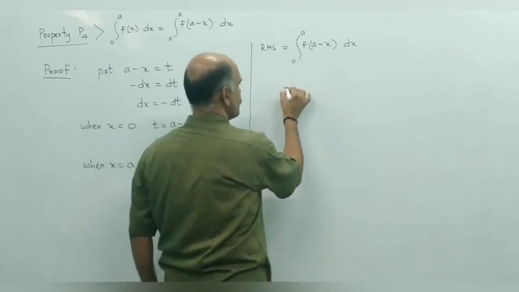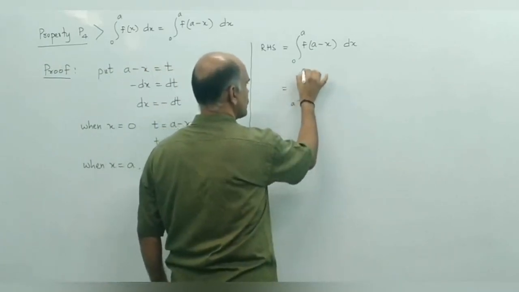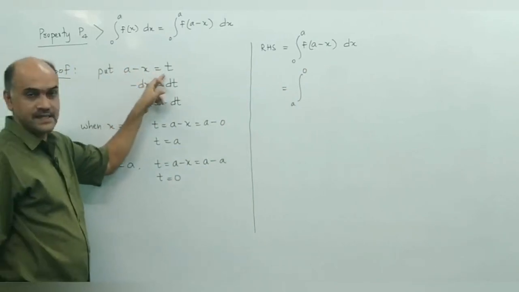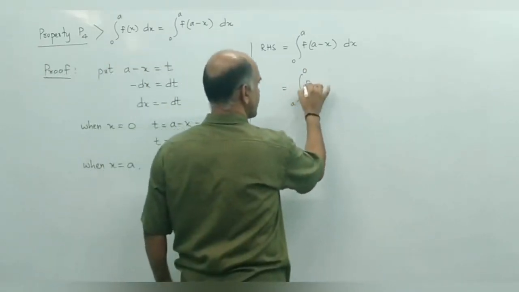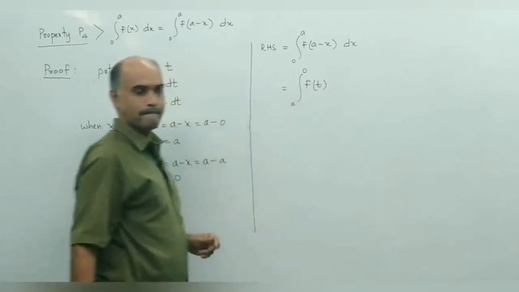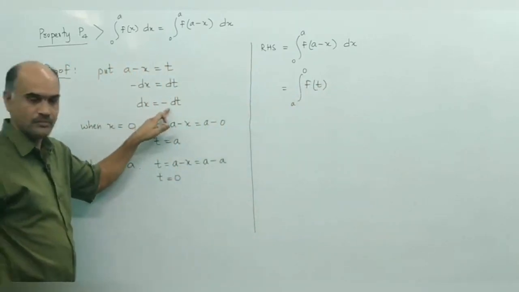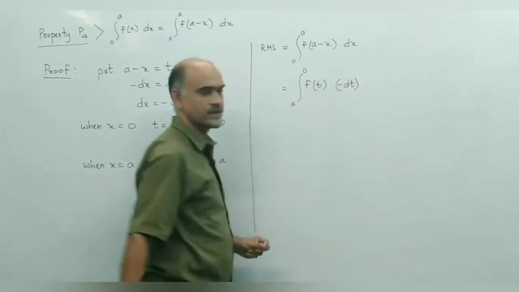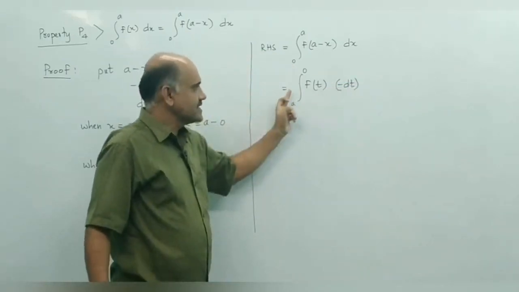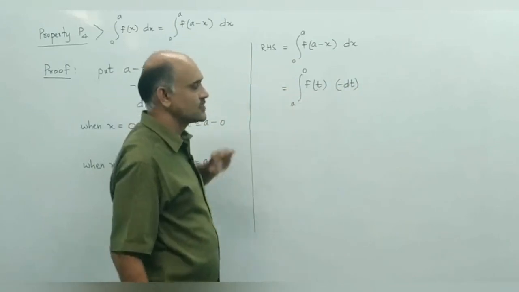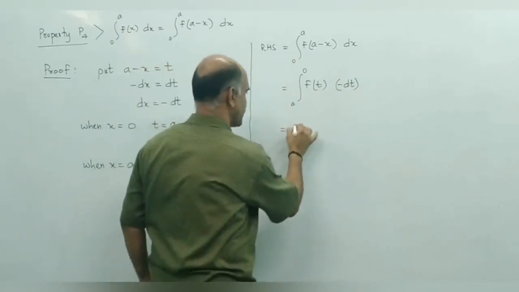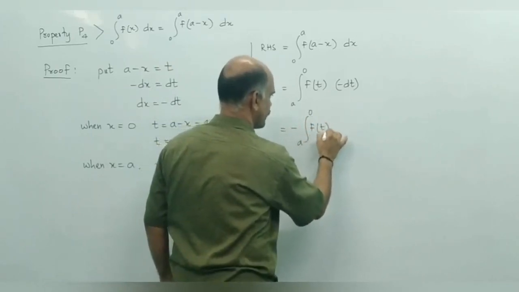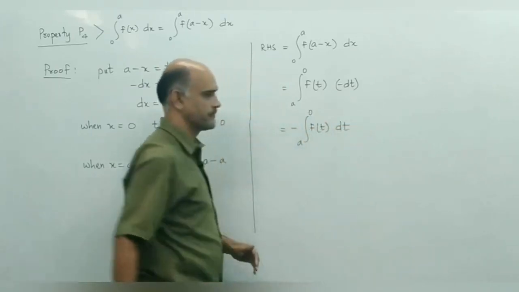So this 0 to a becomes a to 0. f of a minus x is f of t, and dx is equal to minus dt. So again take this minus outside. Similar three steps. So minus a to 0 f of t dt.